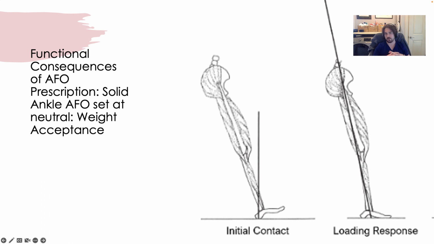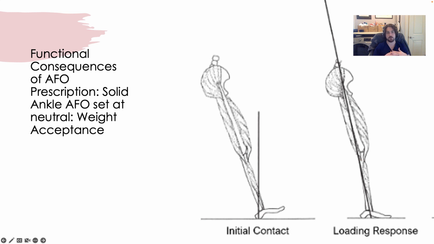So now we move into loading response. So usually during loading response, we are progressing forward through our first rocker. Our momentum is moving forward, and we see that manifests with the knee coming anterior to the ground reaction force vector. So that's going to create a flexion moment, which we understand our quads come on pretty strongly.